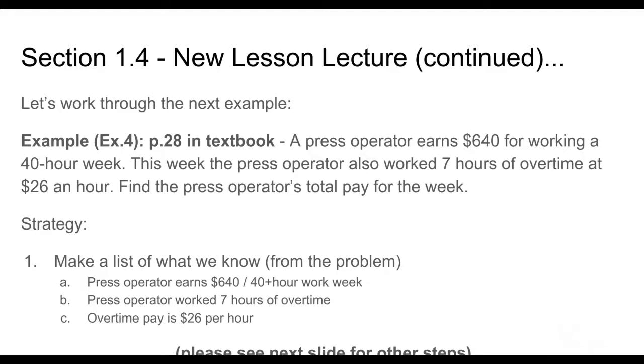So the things that we know are that, A, the press operator earns $640 for a 40-hour work week. The second thing is that the press operator worked 7 hours of overtime. The third thing is that the overtime pay is $26 per hour. Okay, so those are the things that we know.